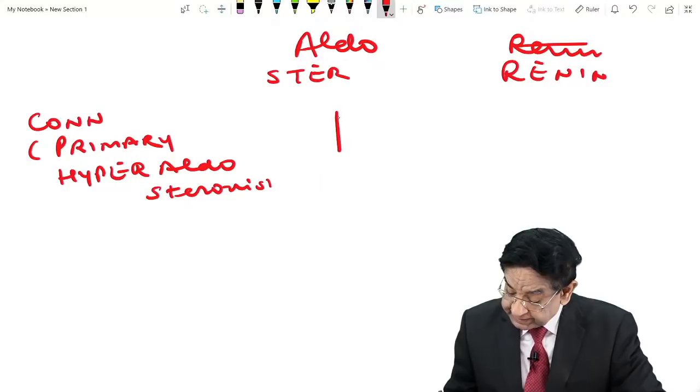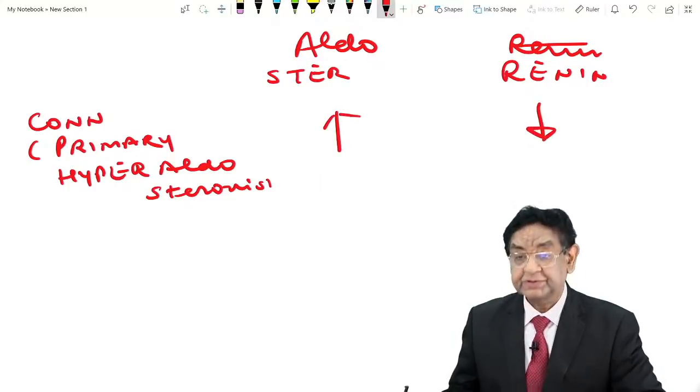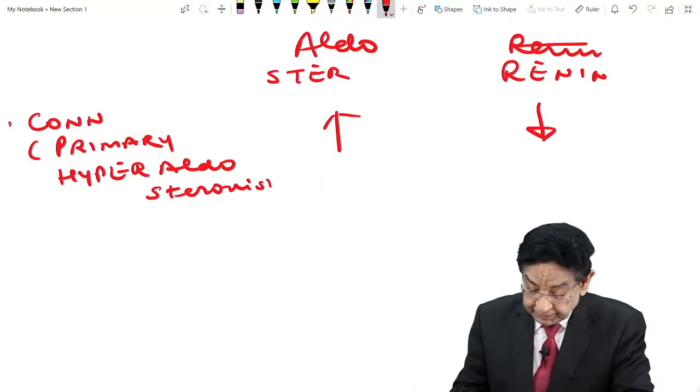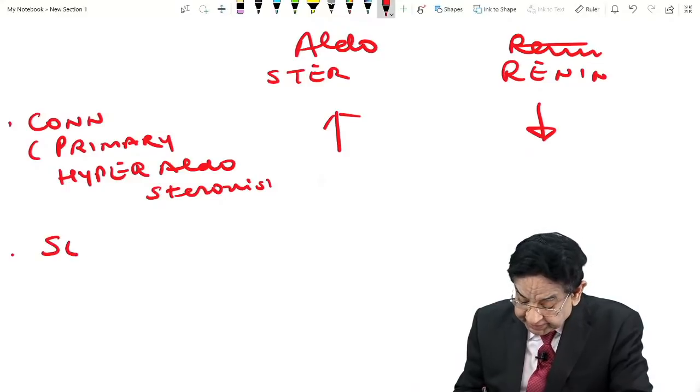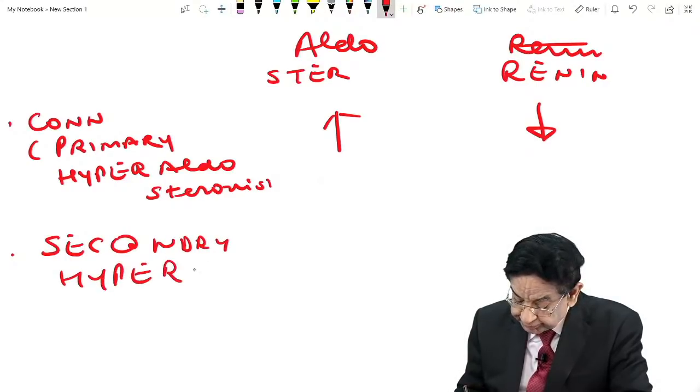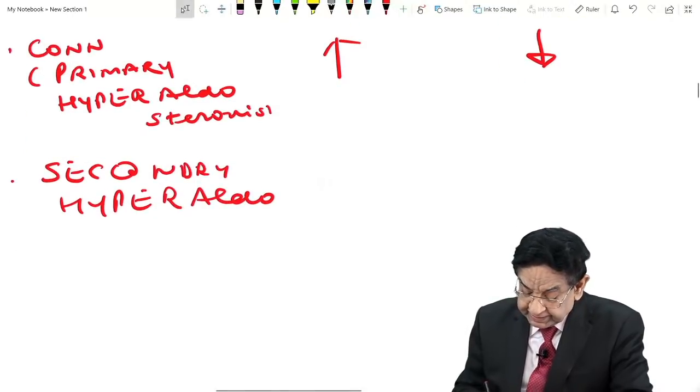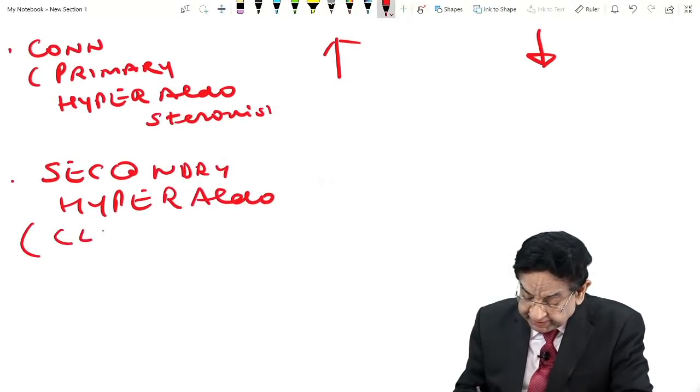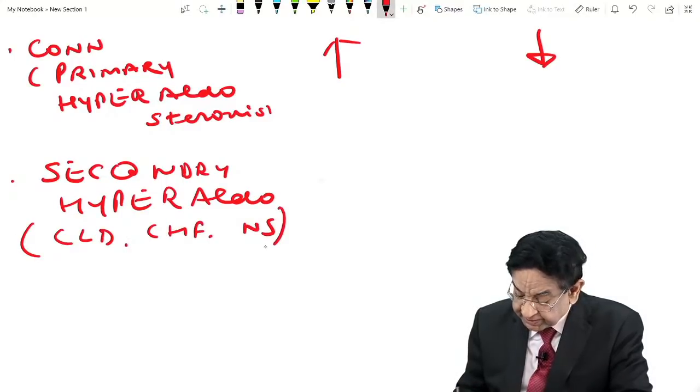Aldosterone is increased, renin level is reduced. What happened in secondary hyperaldosteronism? This is seen in conditions like chronic liver disease, congestive heart failure, and nephrotic syndrome.